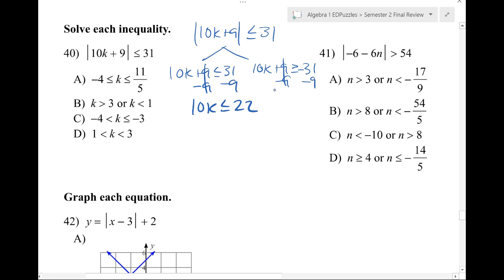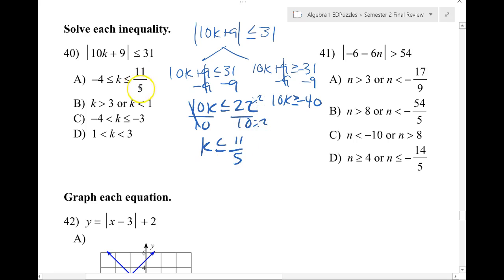And over here, I'd have negative 31 minus 9, that's negative 40, and 10k is greater than or equal to that. I'll just divide both sides by 10. k is less than or equal to 22 over 10, and I can reduce that by dividing 2 into both of those, so it'll be 11 over 5.